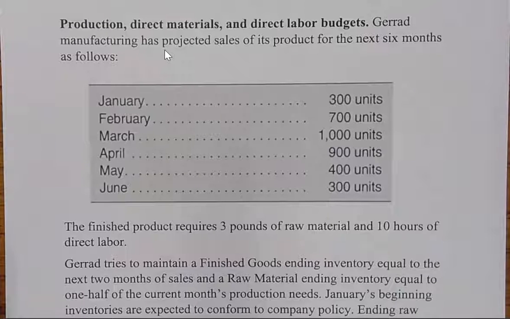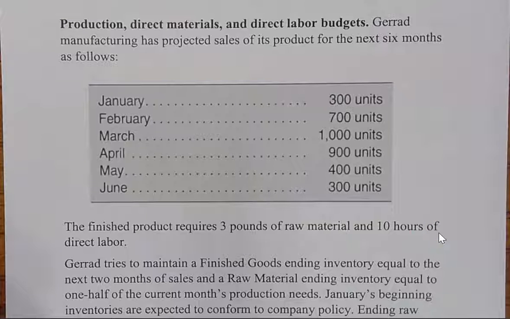Okay, so it says that this company has projected sales of its product for the next 6 months as follows. And we do in fact have 6 months, January through June. Additional information says the finished product requires 3 pounds of raw material and 10 hours of direct labor.